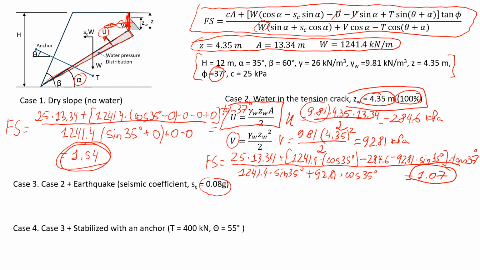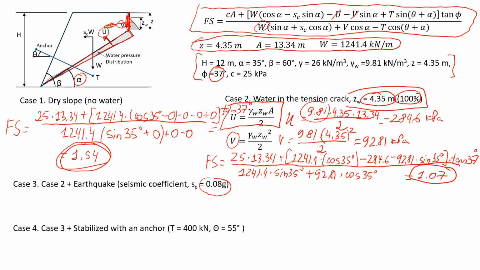This seismic coefficient depends on the area that you work with. In some areas, some countries, there are no earthquakes at all, so in this case this seismic coefficient would be close to 0. In some countries, let's say Japan, New Zealand, US, China, where there are earthquakes, this coefficient can be greater.